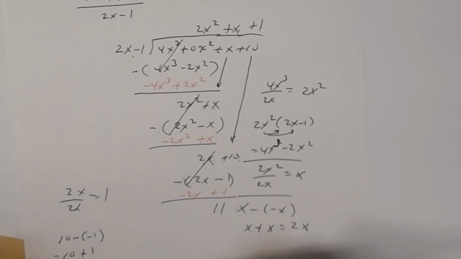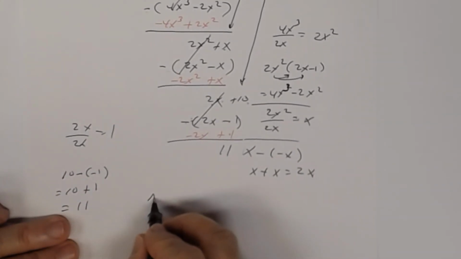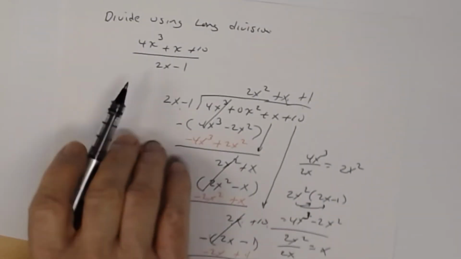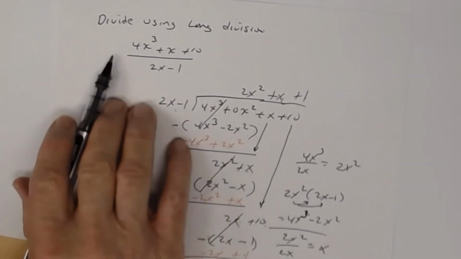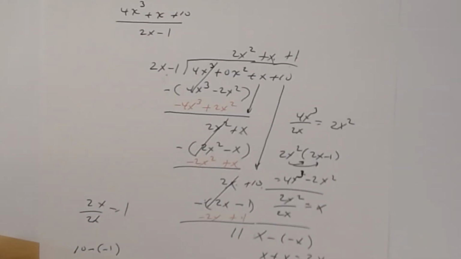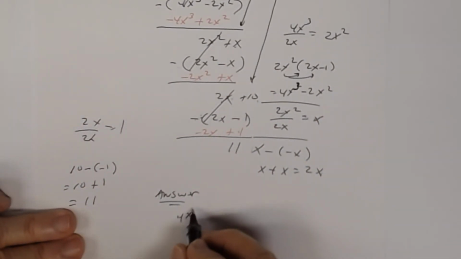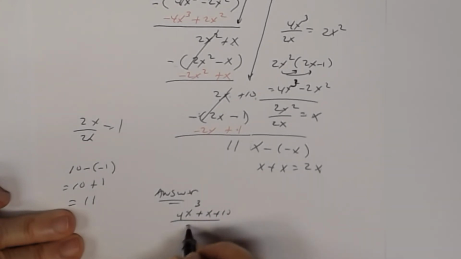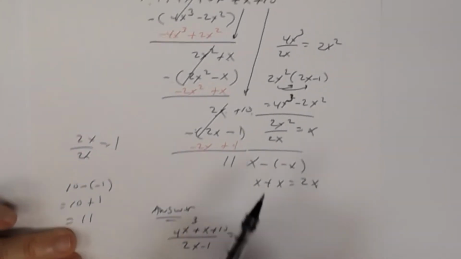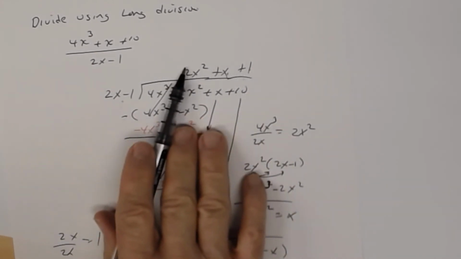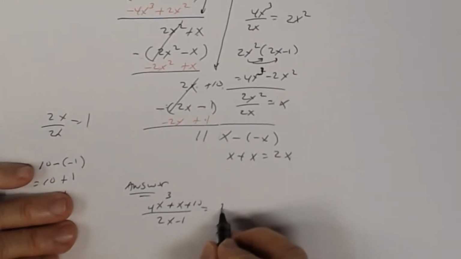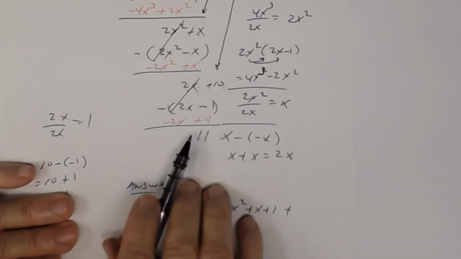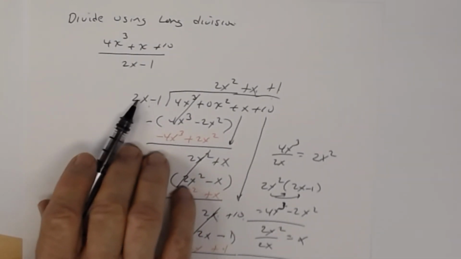Okay? And so your answer, I'm going to rewrite this. You remember you're dividing this, right? So you're saying 4x cubed plus x plus 10 divided by 2x minus 1 is going to equal the quotient, so 2x squared plus x plus 1, plus the remainder divided by the divisor.